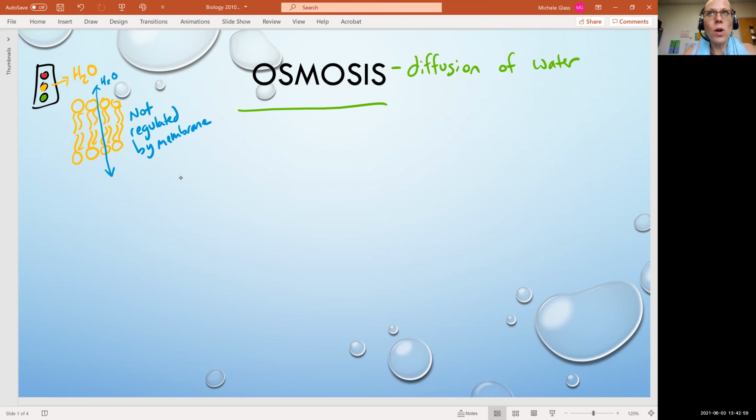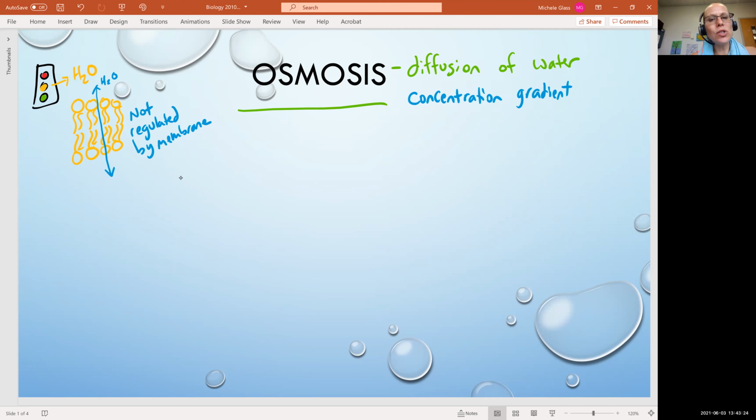Okay, so water then, the movement of water across the membrane is based on the concentration gradient. Remember, that's the hill that we drew. So what we're saying with osmosis is that water will go down the hill from an area of a high water concentration to an area of low water concentration.